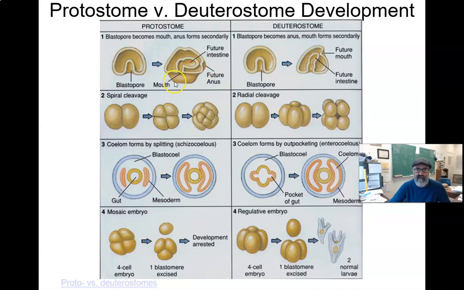And that's basically the most basic way to describe an animal body: a tube within a tube. The tube is the mouth through to the anus. This is the gastrointestinal tract. And it forms very early in development. The blastopore dimples in, grows through, forms a tube.